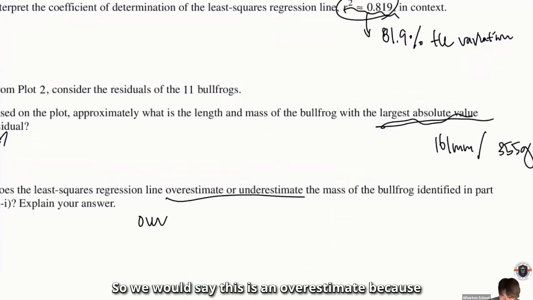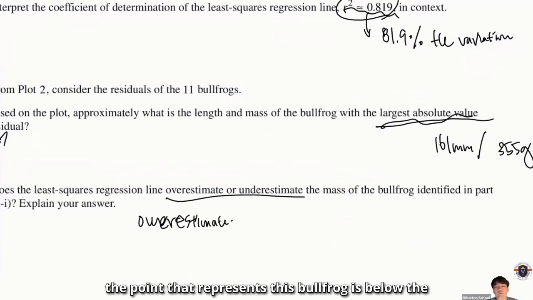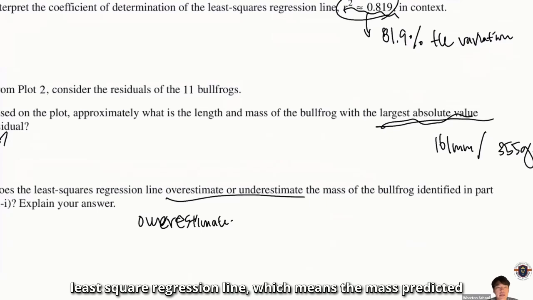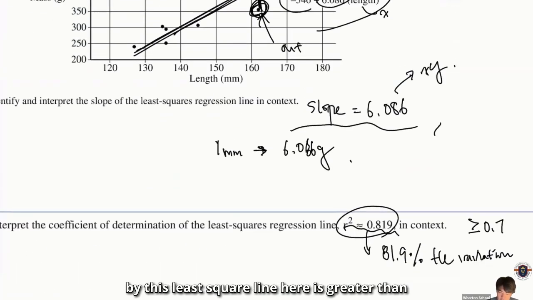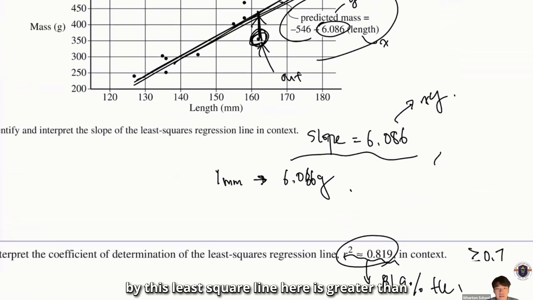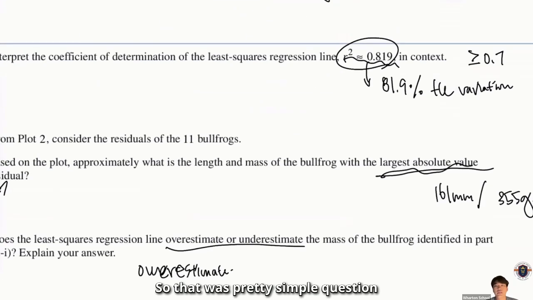We would say this is an overestimate because the point that represents this bullfrog is below the least squares regression line, which means the mass predicted by this line is greater than the actual mass, about 350 grams. So that was a pretty simple question regarding the best fit line.